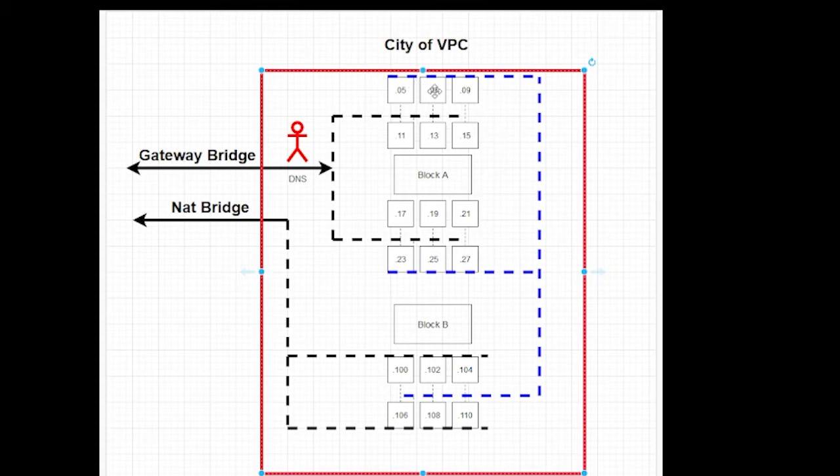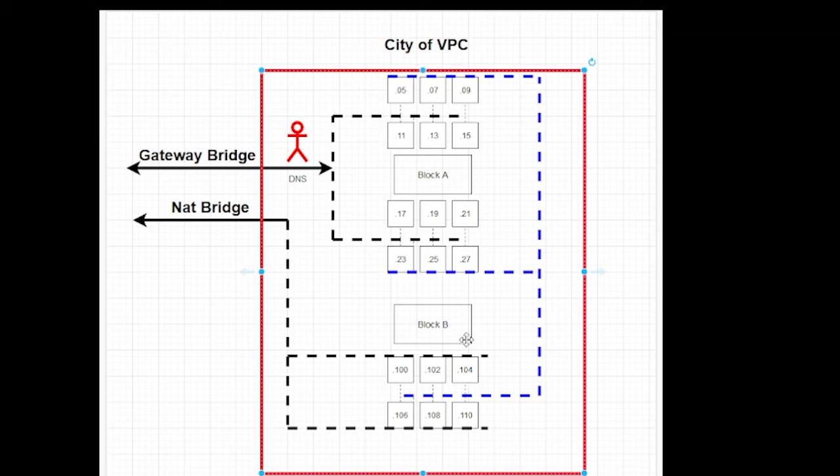So if I type in MrZ.com, all the traffic will come here through the gateway bridge and then directly go to my house, for example, or your houses. Or if you want to go to the hospital, like hospital.com, all the hospital.com traffic will go through the gateway bridge. Then it'll go to the connection right here, and then to the public subnet, and then reach 27, or 23 for the police station.